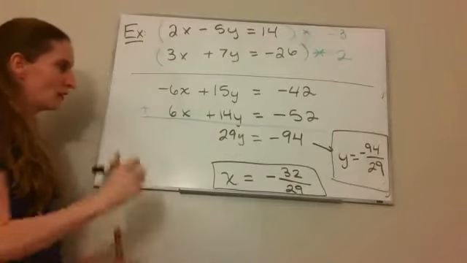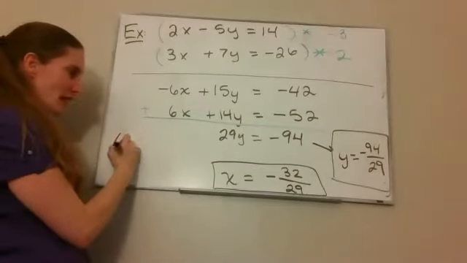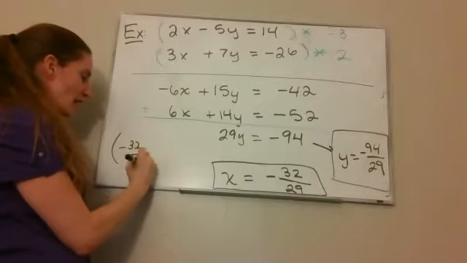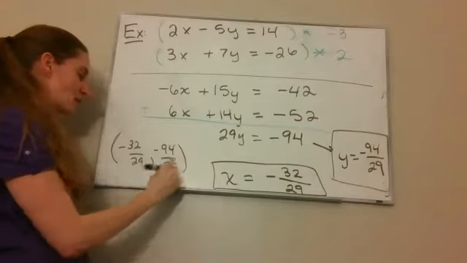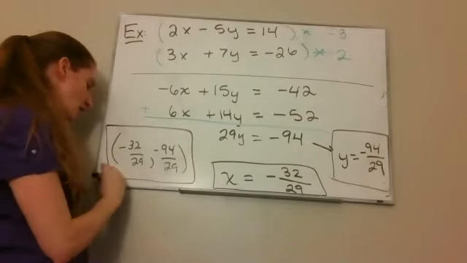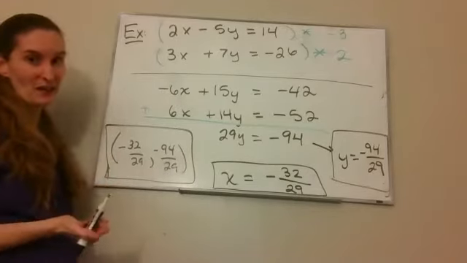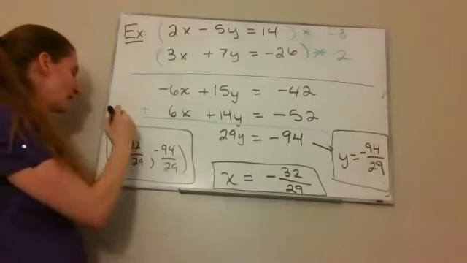So the answer to this system is the ordered pair negative 32 over 29, negative 94 over 29. It's a really ugly answer, but it's the answer that we get. So it's the correct answer.